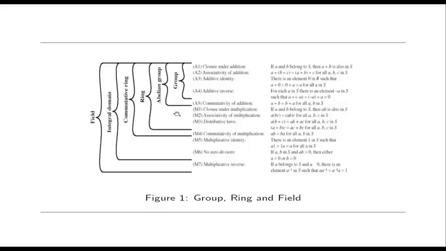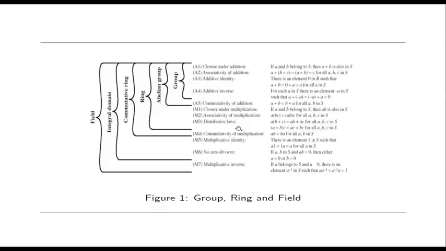Then for a ring, we have another operator, the multiplicative one, which is dot. For a ring, it must have closure, associativity and the distributive law, and then it is called a ring.